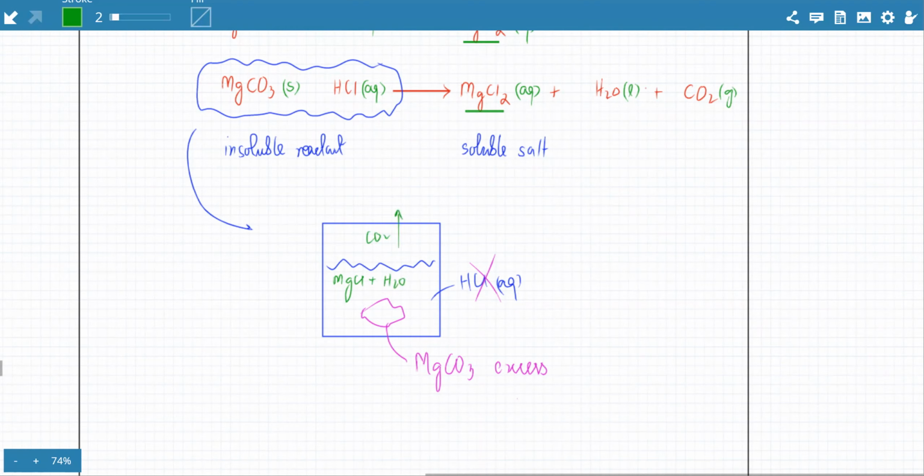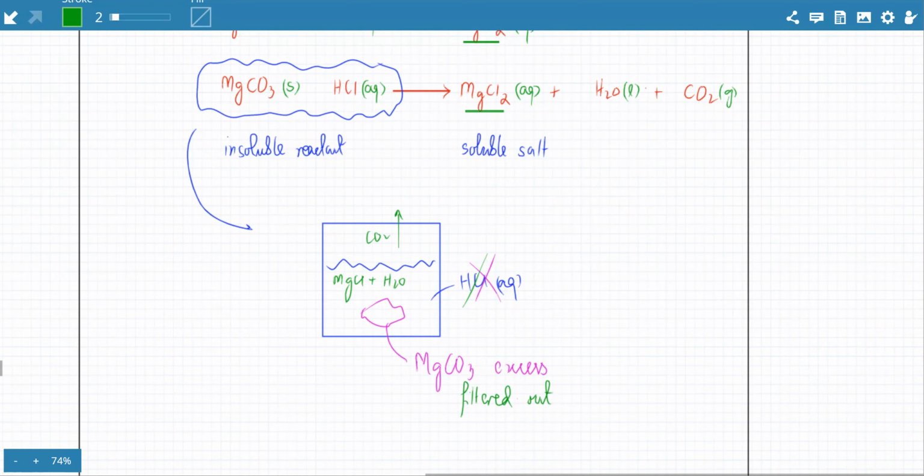Okay, so all the HCl would get used up. Okay, Moiz, is this clear? Yes, sir. And this excess MgCO3 is filtered out.